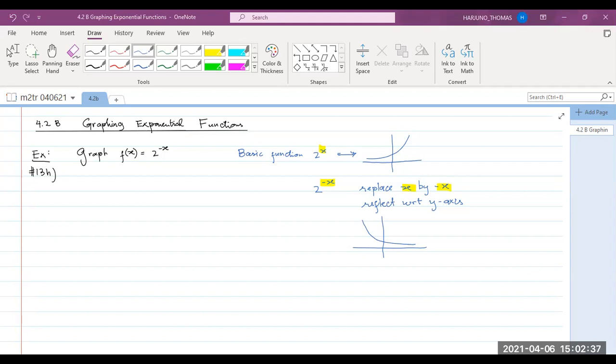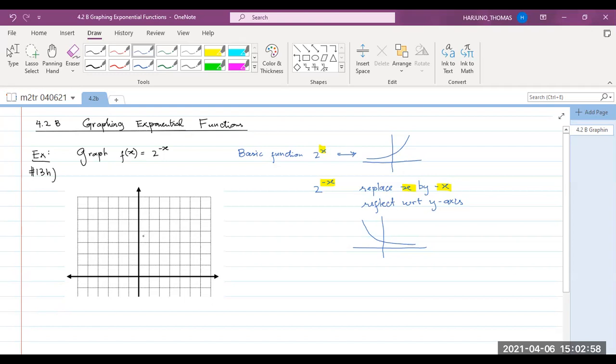Give me a second. I think I did it incorrectly. Let me put the graph here.